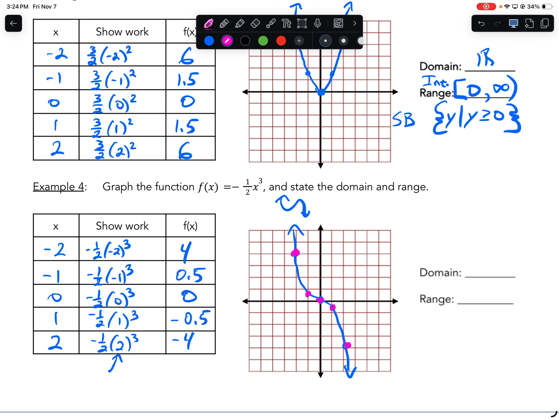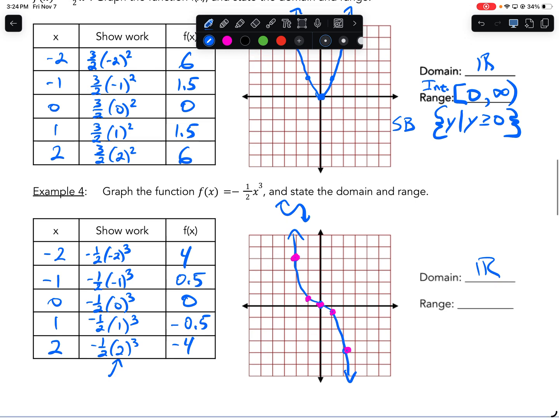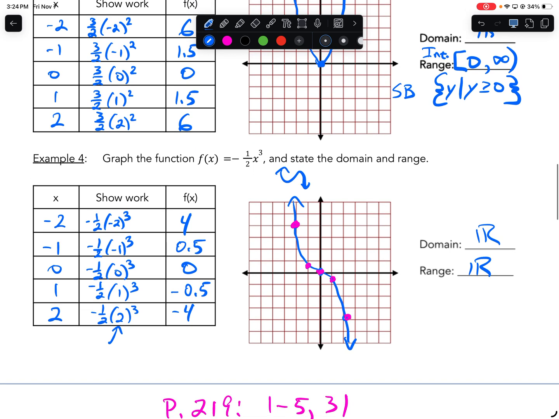What's the domain of this thing? All reals, right? Because it's angling out, up and down, and it also goes up and down forever, right? So that's also all reals. Now I want to write set builder in all real number form because people forget that one. It's got that funky looking E thing. Element of, you make a C and then you put a little E dash in the middle.